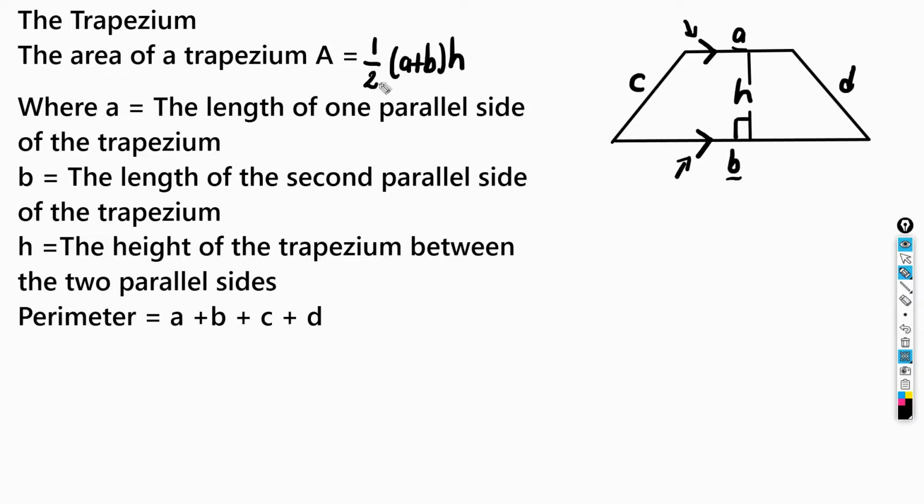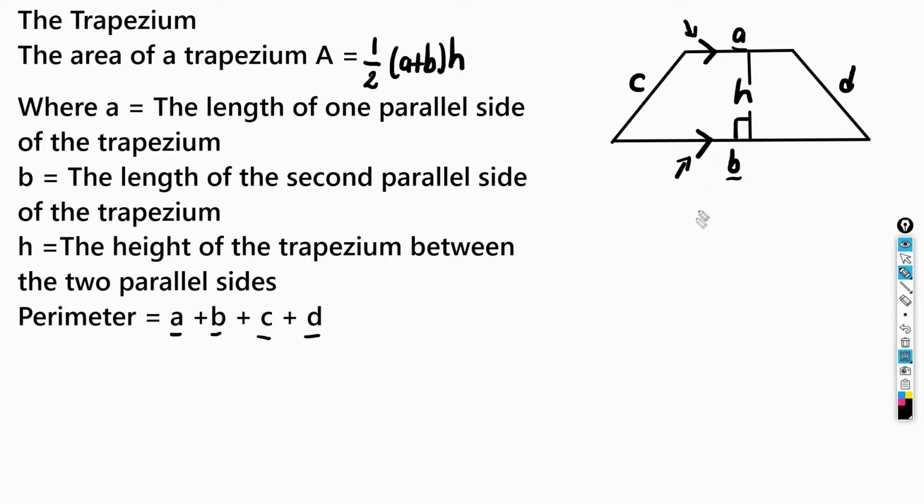So it's a half of A plus B times H, where A is equal to the length of one parallel side of the trapezium, B is equal to the length of the second parallel side, and H is equal to the height of the trapezium between the two parallel sides. And clearly, the perimeter would be equal to A plus B plus C plus D, which would be the sum of all the sides on the trapezium.